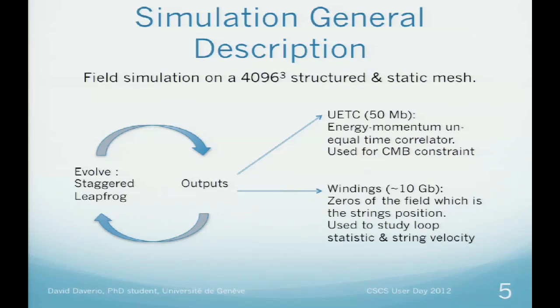The only thing that we can see more with the energy density is the scalar radiation that we cannot see here. But here the windings is 10 gigabytes. It's not really stable because the number of strings is not fixed, so it can be between 10 and 50 gigabytes max. We save that to be able to study the loop statistics and also the string velocity.